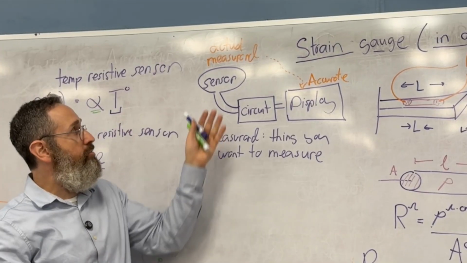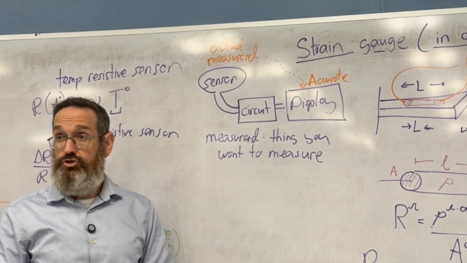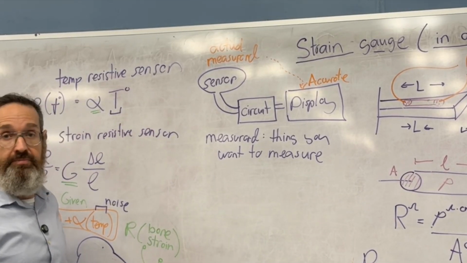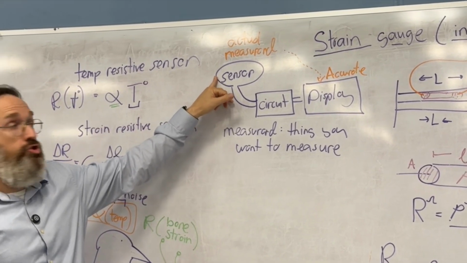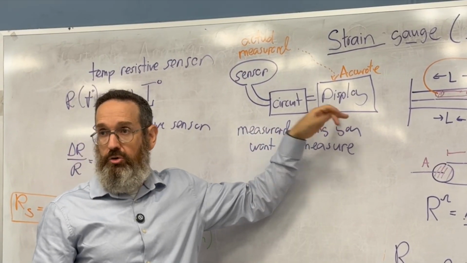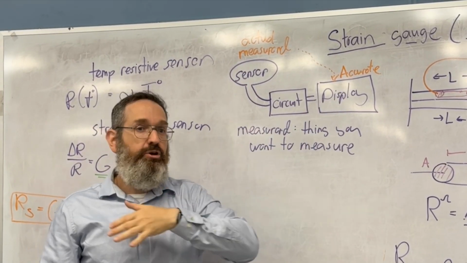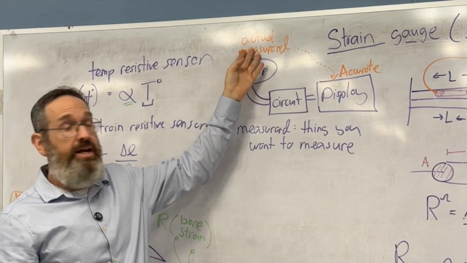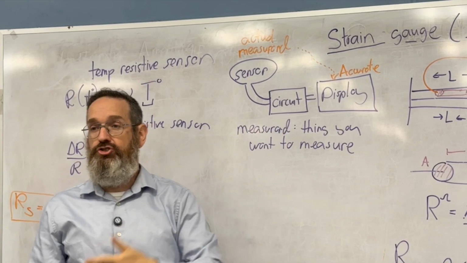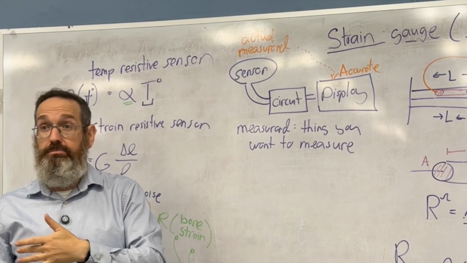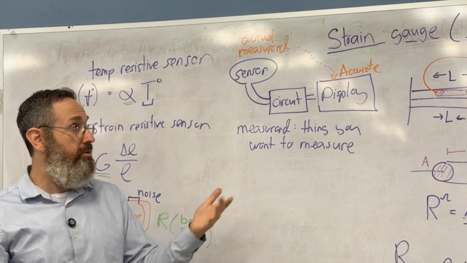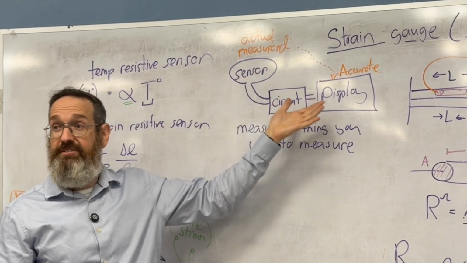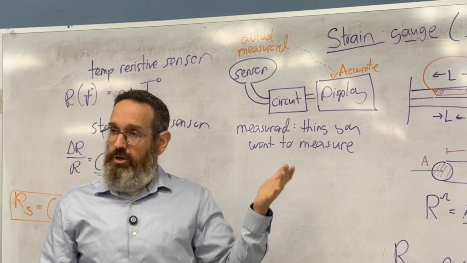If the measurand is strain, like the strain on the chicken's leg, then a good device should on the display show strain. That's it. It doesn't matter how complicated a piece of equipment is, that's how they all work. You have a measurand and you have a display, and the display should reflect the measurand. And your ability to be a good biomedical engineer depends entirely on the fact that this is an accurate reading of this. Because if it's not, well, that's not good.